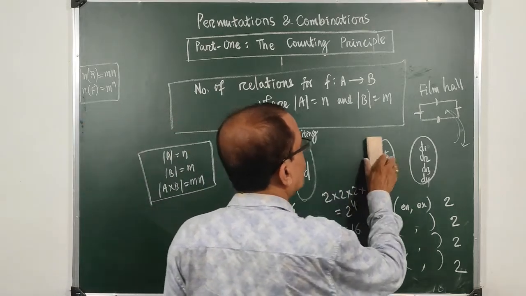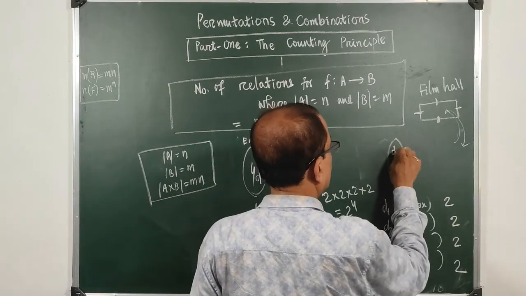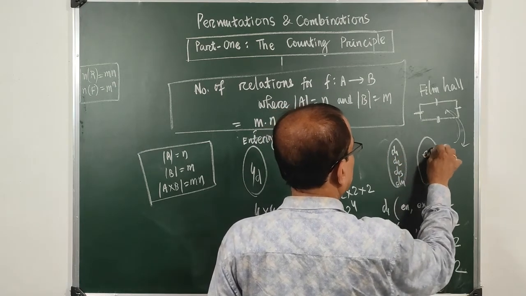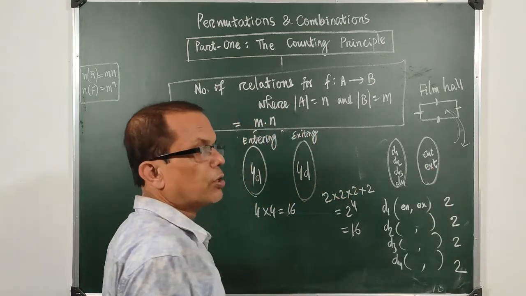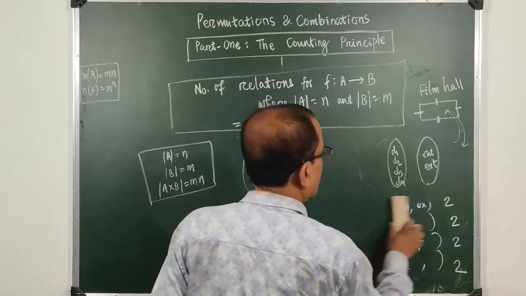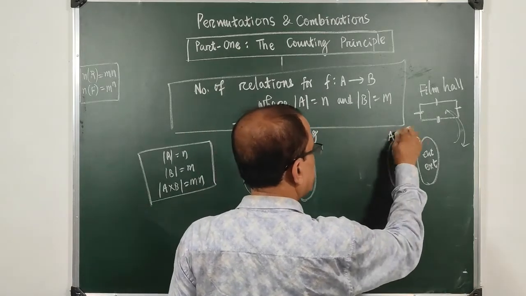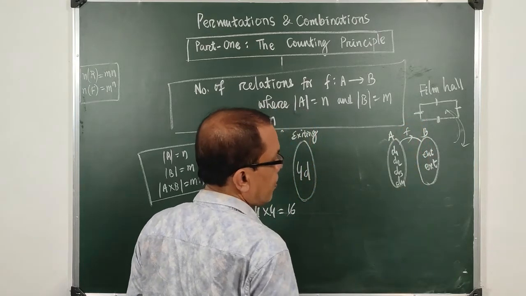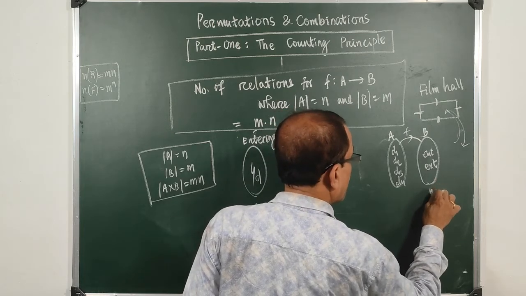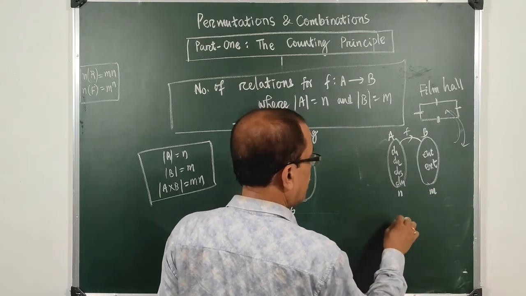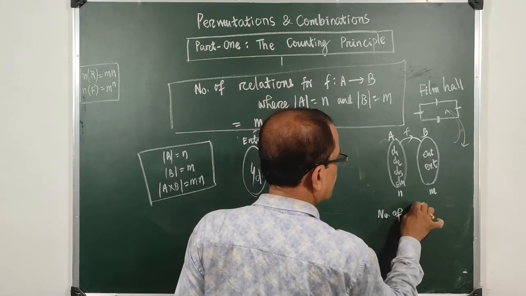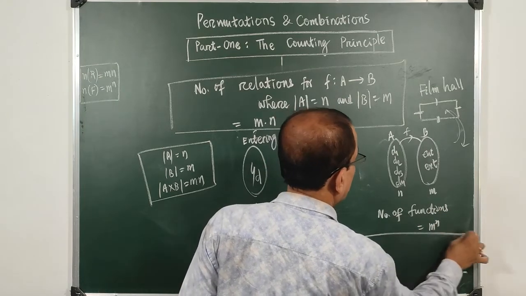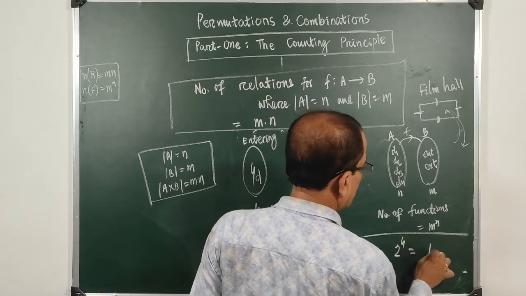Or if you have doors on this side and the functions on that side, that can be 4 squared, or 16. So the formula pattern is, if this set is A and this set is B, and here is a function, and the number of elements here is m and the number of elements there is n, then the number of functions is m to the power n, and here it is 2 to the power 4, so 16.